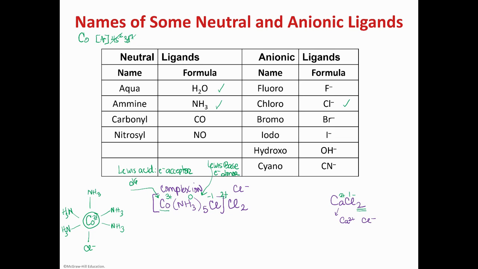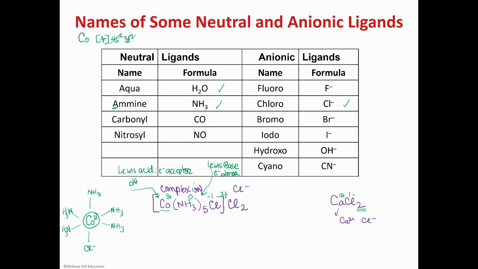Okay, so what we do to name them is we have to figure out what the ligands' names are, how many there are. And so in this case, there's 5 ammonias, which are called amine, and there's 1 chloride ion, which is chloro. So if I have 2 different ones as the ligand, amine always comes before chloro because it starts with an A in alphabetical order.